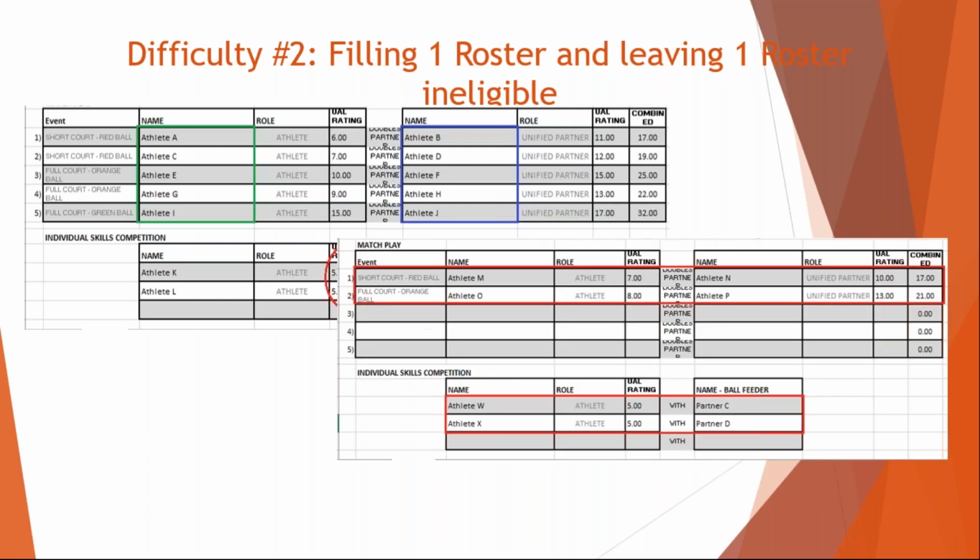And then this is sometimes what they submit with their second postseason registration. Notice you have only 2 doubles teams and a couple individual skills competition athletes. However, according to the coach's resource guide, you have to have a minimum of 3 doubles teams, pairs, in order to advance at the district tournament.